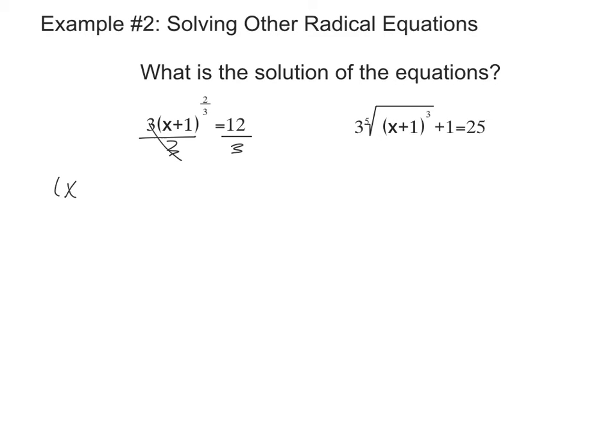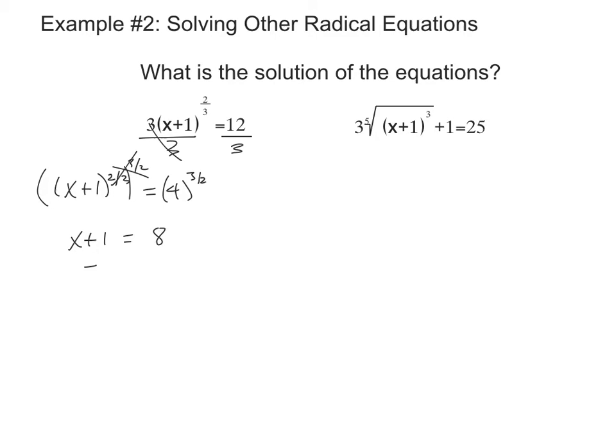And that'll give us x plus 1 to the 2/3 equal to 4. And then we need to raise each side to its reciprocal, which is 3/2. So you get x plus 1 equal to, and 4 to the 3/2, we've already done that before, that is going to be 8.